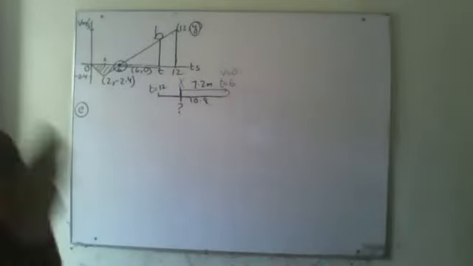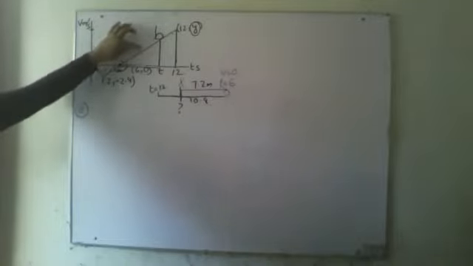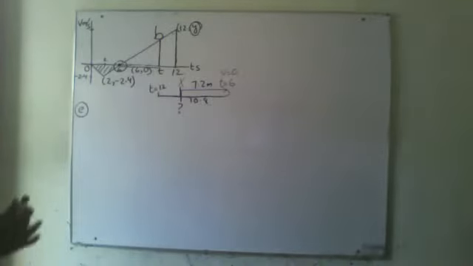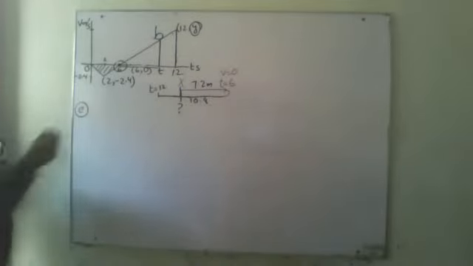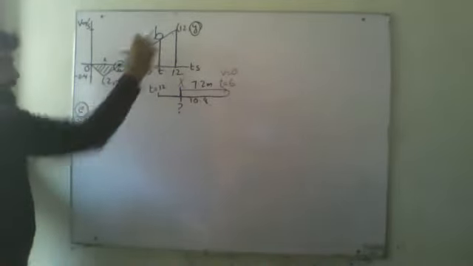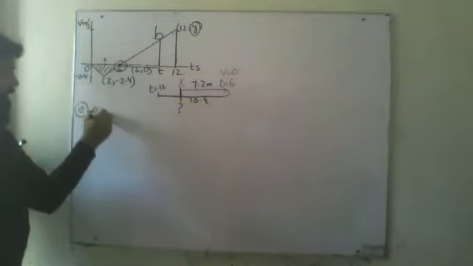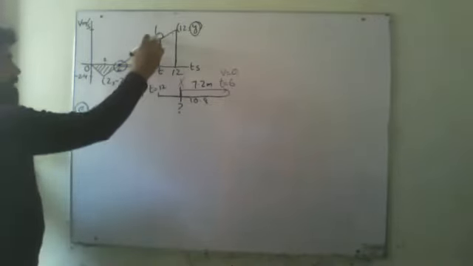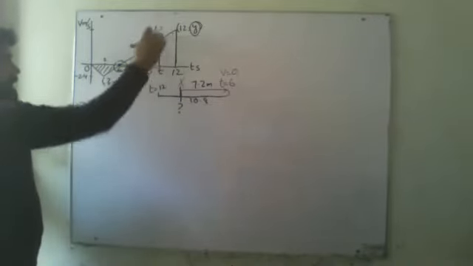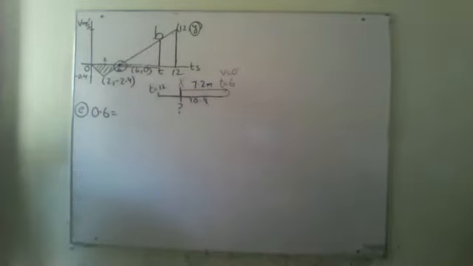What I can do over here, first of all, I know that it's on a straight line, so the gradient will be the same. If I take the gradient between this point and this point, the gradient, as we pointed out in the previous part, is 0.6. And this will be T, B, and this will be 6, 0.